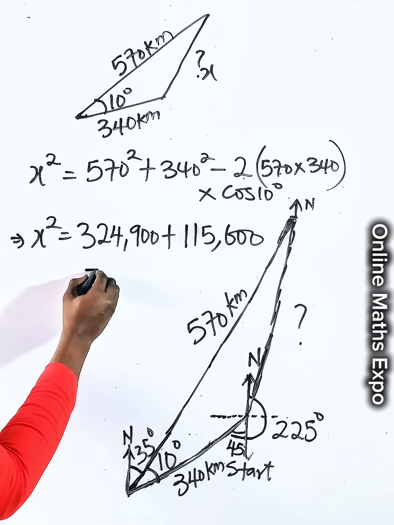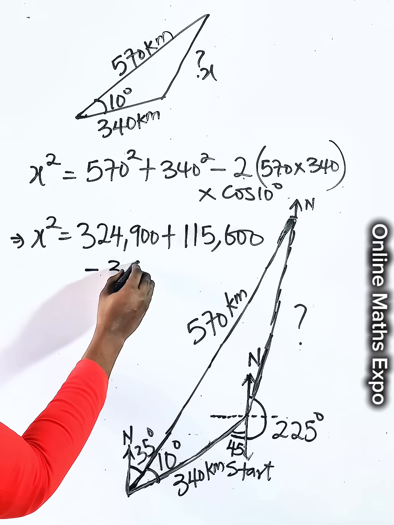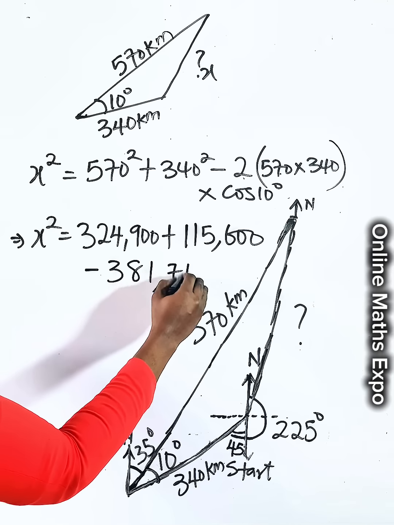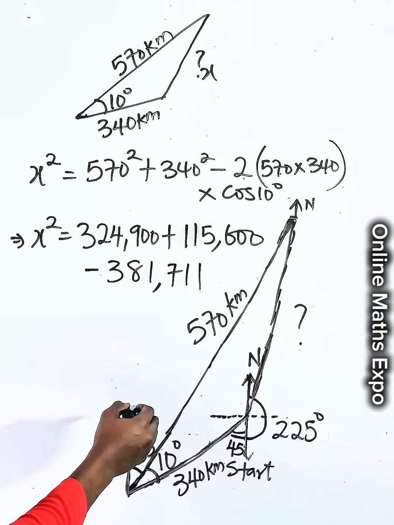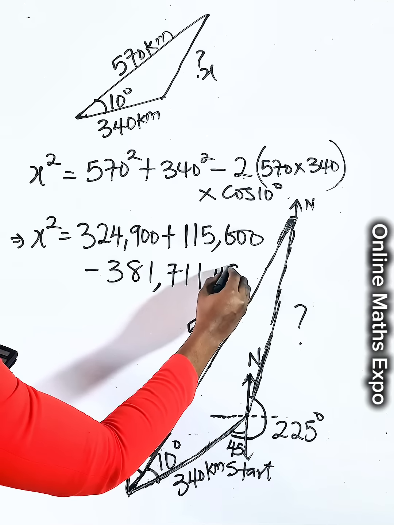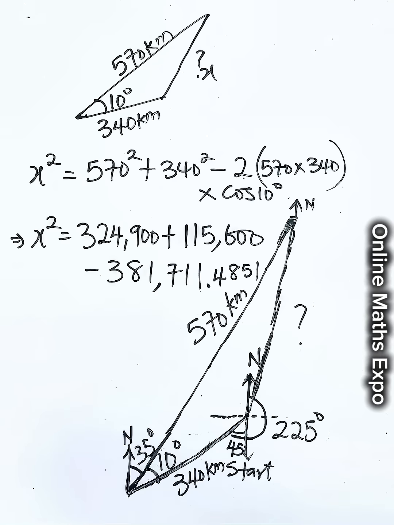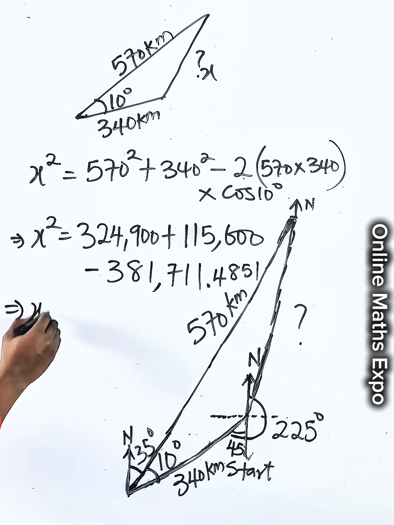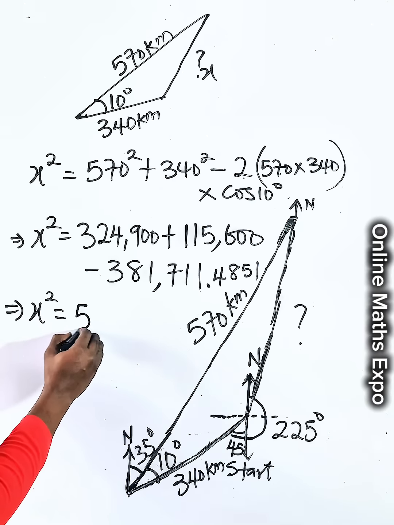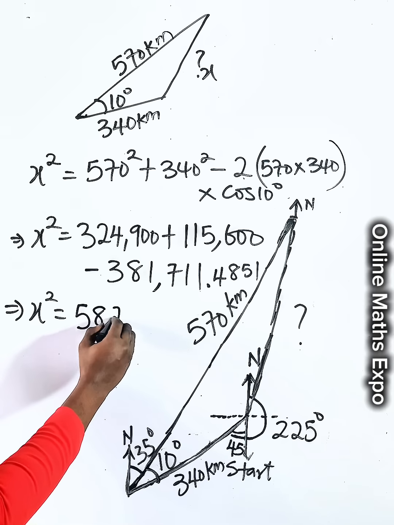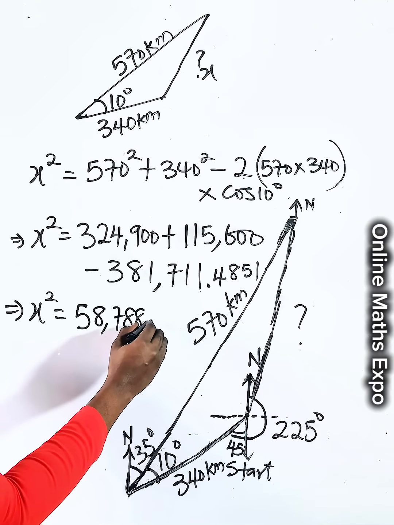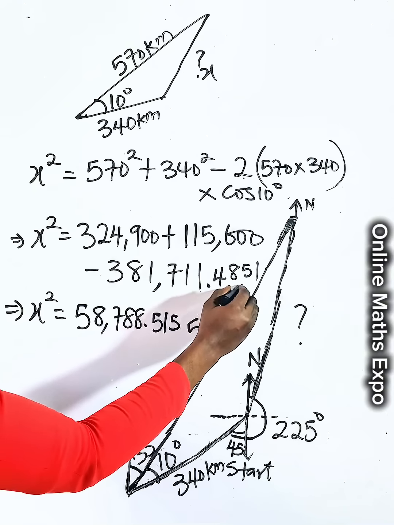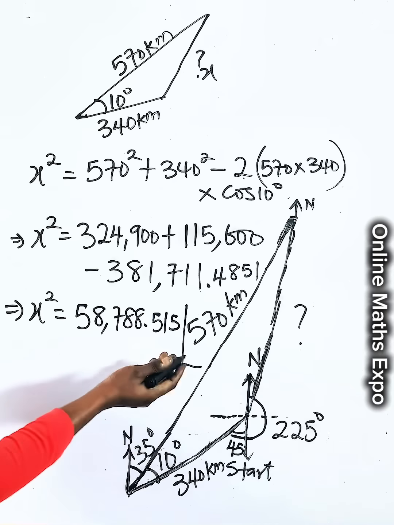It gives us negative 711.4851. So what do you do? Add this and then take this away. We have x squared is equal to 58,788.515.